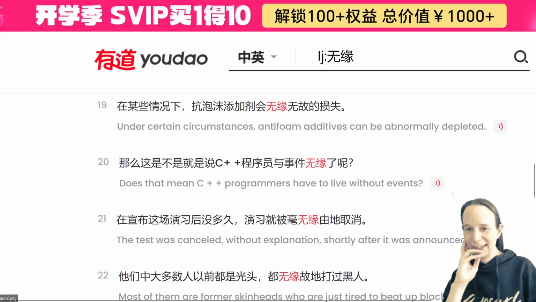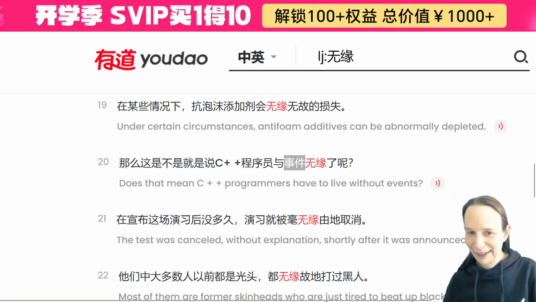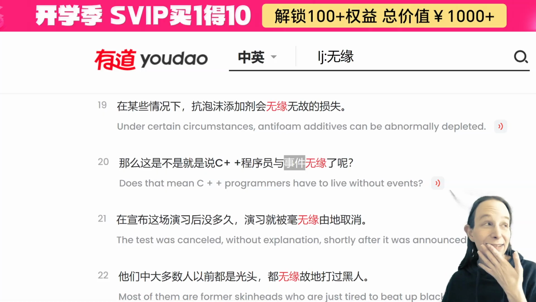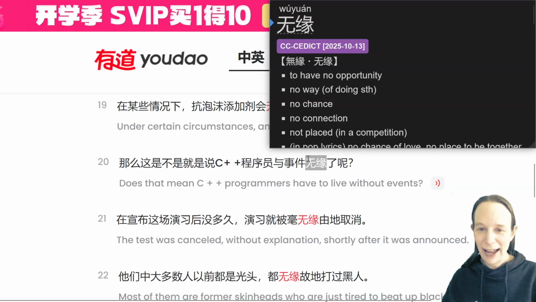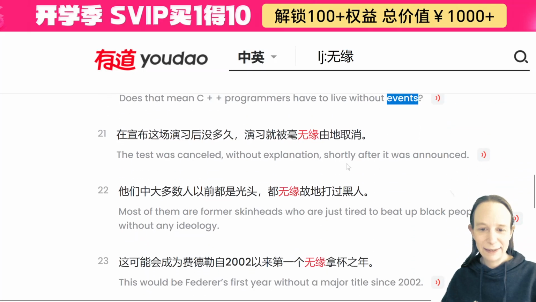What? So a C++ programmer and this is like an entity, or an event or some happening. Very abstract, unspecific. I don't know. Events, is this a concept in programming? All right.